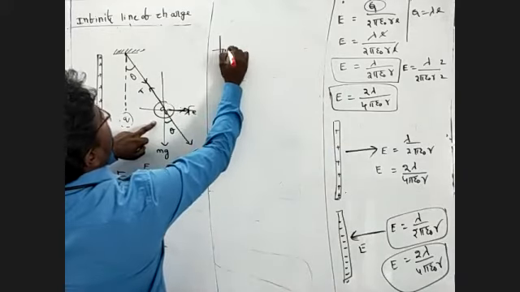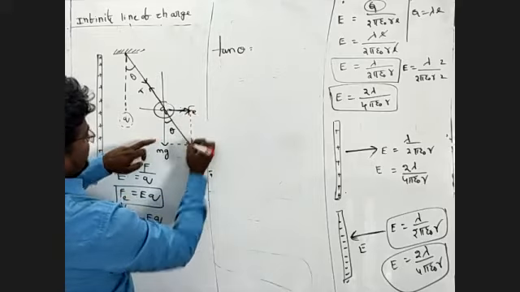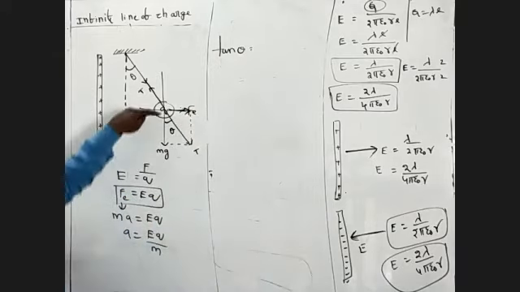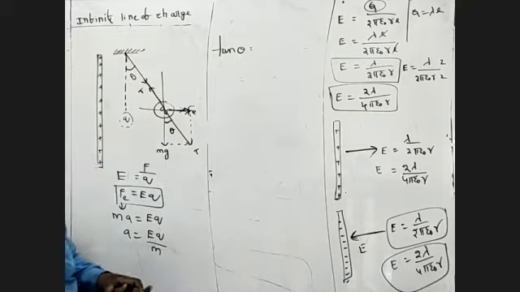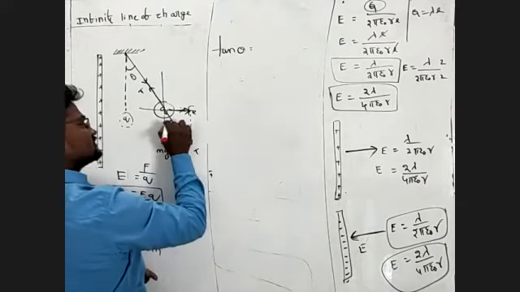Now I am applying tan theta in this right triangle. The tension line divides it into two right triangles, and tan theta applies here. This is the angle theta.